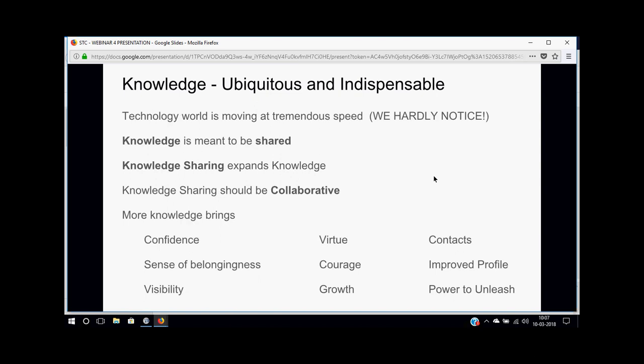One of the things that made me start this community is all about knowledge sharing. Knowledge is the key part of the technology-driven world, right? We all are aware of it, and you know that the technology world is moving at tremendous speed. We hardly notice, right? So what we learned a few days back becomes a bit irrelevant on the D-Day.